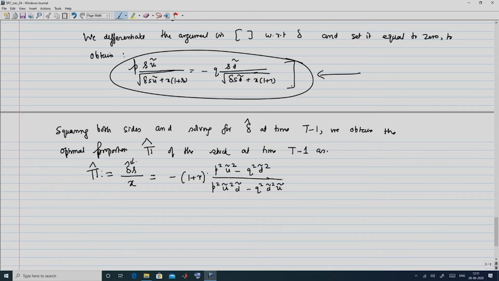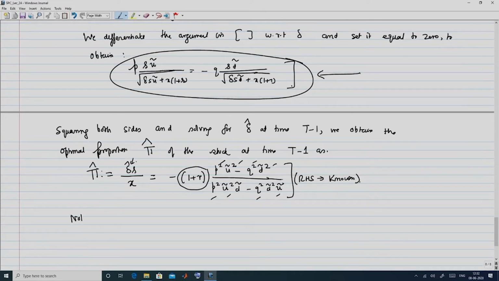Now, observe very carefully what are the terms we have. I have a 1 plus r term which is already known, p and q are known, and since my u, d and 1 plus r are known, obviously u tilde, d tilde are both known. So, every quantity on this right hand side is known, and these are nothing but the parameters of the model.